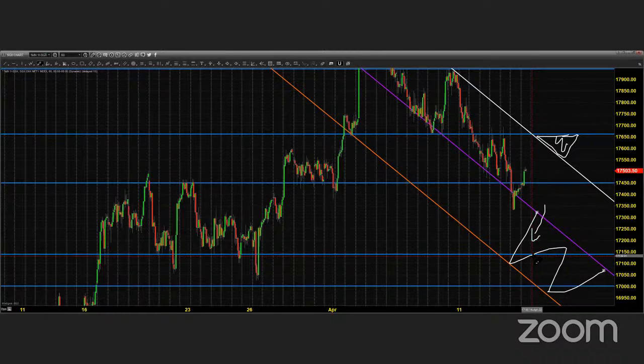From January, February, March, and in all these months, 17,000 to 17,200 had acted as a major support for the market. So this support aligns with the downtrend path of this trend channel. Whenever the price comes near 17,000 or 17,100, once the price hits the bottom of the downtrend channel, the market can pick up some momentum on the buying side.